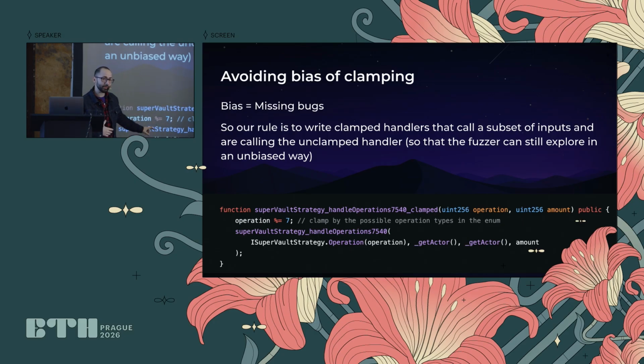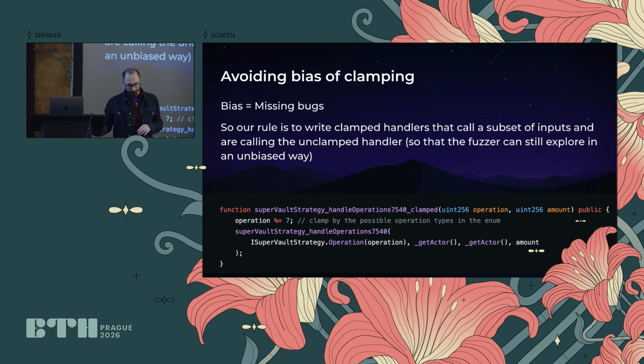The unclamped handler will literally just receive these inputs and perform a call to the target, whereas the clamped handler will basically have dictionary manipulation and other forms of tracking to make it so that the fuzzer is more efficient.